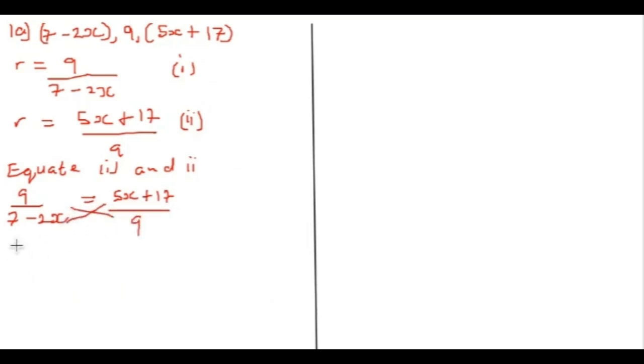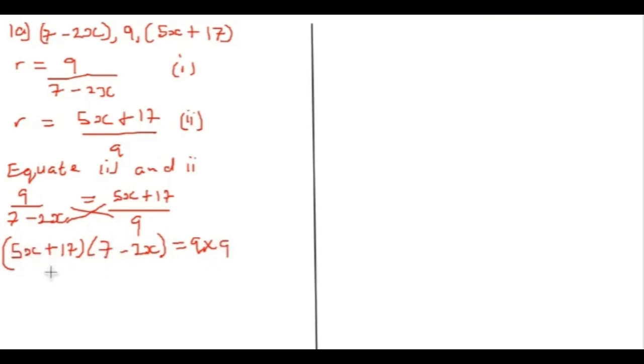So we cross multiply and we get 5x plus 17 multiplied by 7 minus 2x, everything equals 9 times 9.